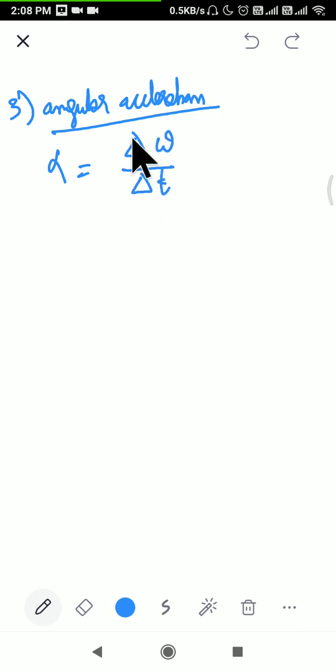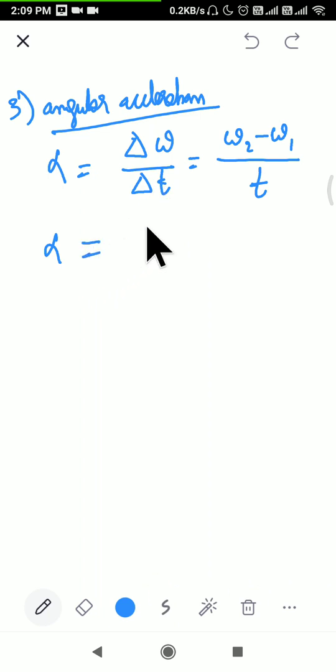Okay, so delta omega by delta t is nothing but angular acceleration. This is nothing but final angular velocity omega 2 minus initial angular velocity by time taken. Okay, so similar to the angle, instantaneously, if omega is constantly changing with respect to time, and I want instantaneous angular acceleration, then it is nothing but d omega by dt.